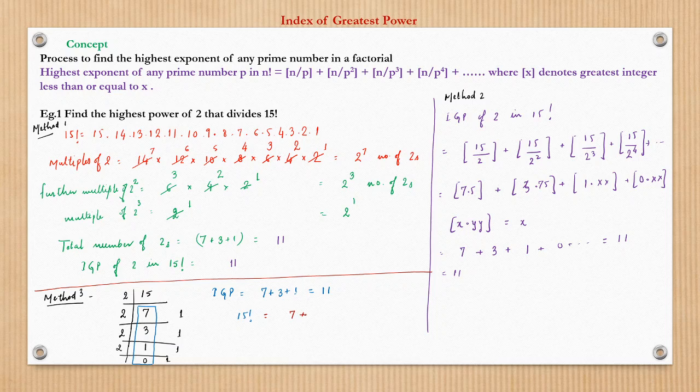We take the largest integer value, then divide 7 by 2, it will be 3.5, we take 3. Then we divide 3 by 2, it will be 1.5, so we take 1. Now we divide 1 by 2, that will be 0, and so on. So from here also we get 11 as the answer.